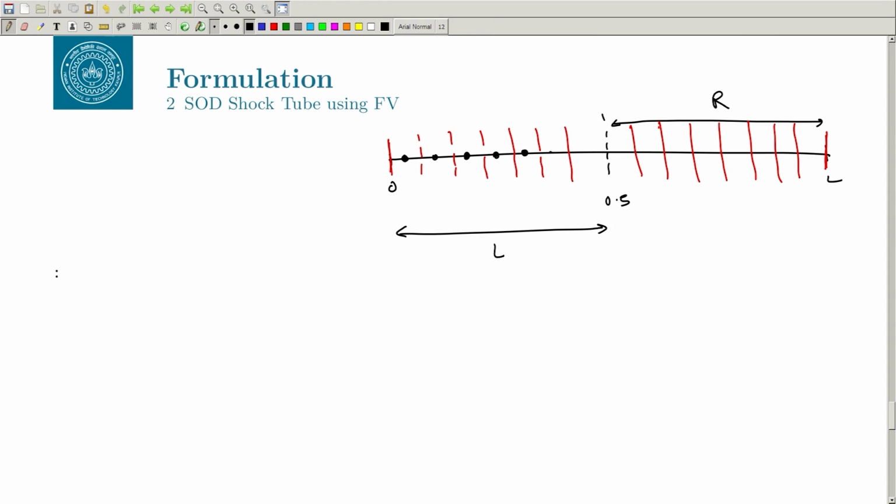I will show you the code very shortly. Now we have to apply the boundary conditions here, so as we discussed last time, I will make ghost cells. These are my ghost cells.